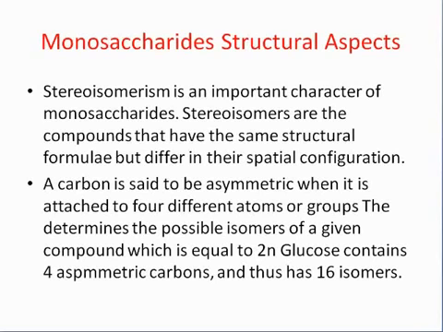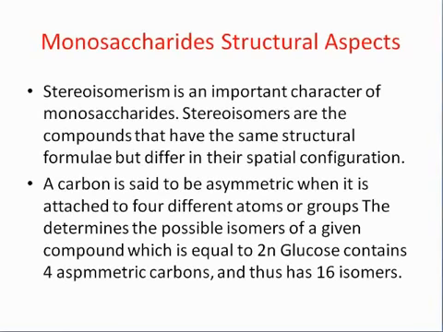Now I think all of you understand well that stereoisomers are compounds that have the same structural formula but differ in their spatial configuration. And it is also important to know some basic chemistry that all of you studied in your intermediate classes, that carbon has a valency of 4. A carbon is said to be asymmetric when it is attached to 4 different atoms or groups.